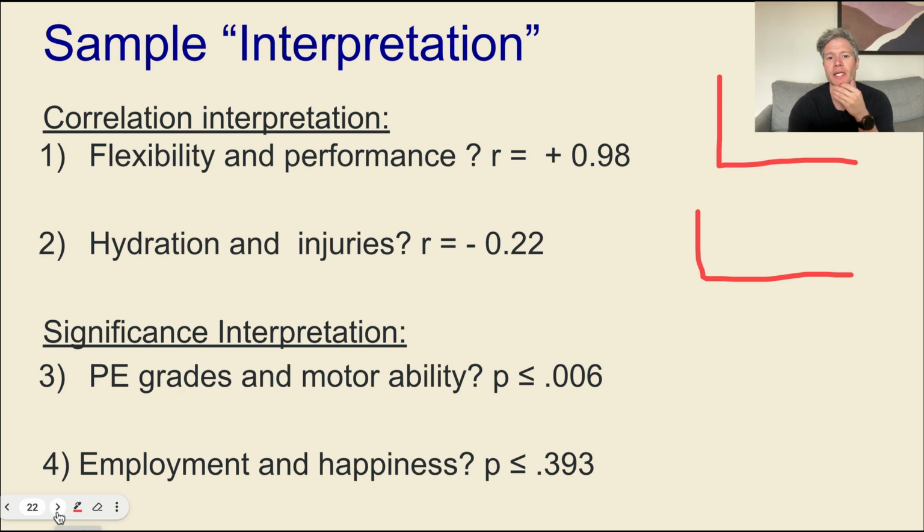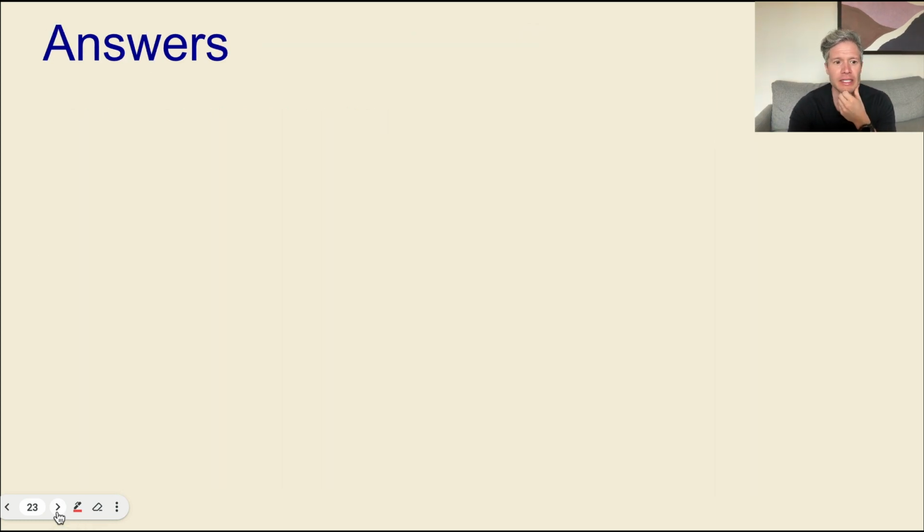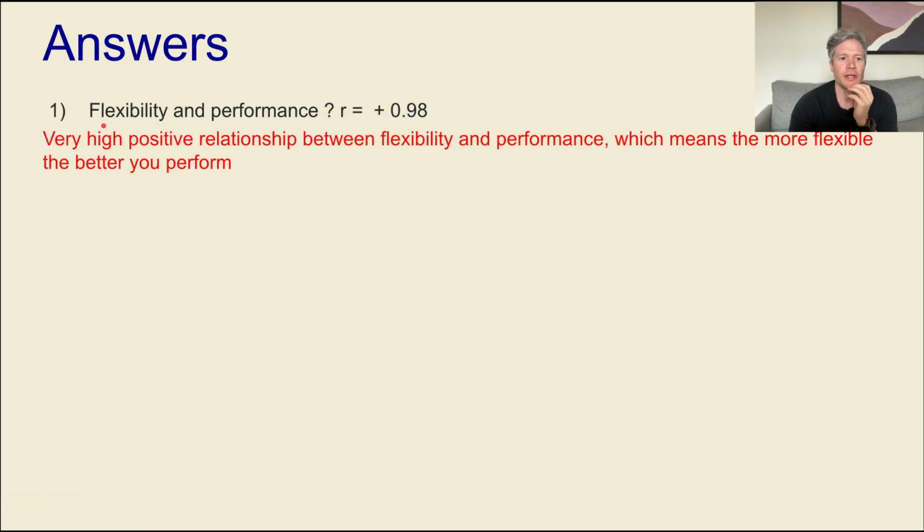Okay, great. So let's take a little look-see here, and I'll try to describe this a little bit more for you. Flexibility and performance has a correlation value of 0.98, so that is almost 1, and positive. If we were to look at this, we'd find a linear tendency, and we'd have all our plots pretty darn close to that line on the way up.